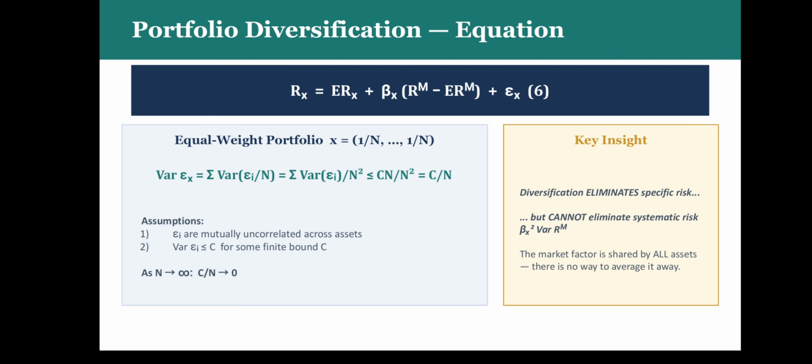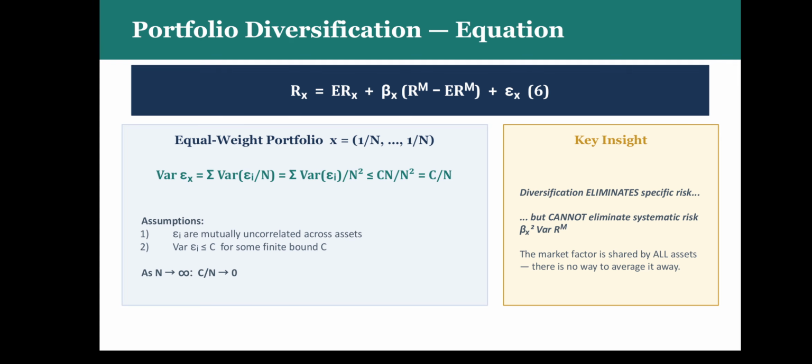Now consider the simplest case, an equal-weight portfolio where each weight is 1 over n. The specific risk of the portfolio is the variance of epsilon x, which equals the sum from i equals 1 to n of the variance of epsilon i over n squared, which is at most Cn divided by n squared, which equals C over n.